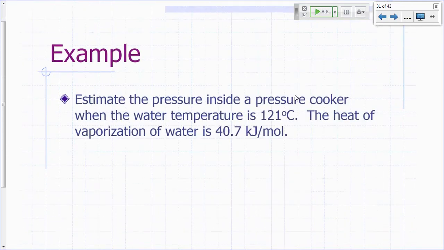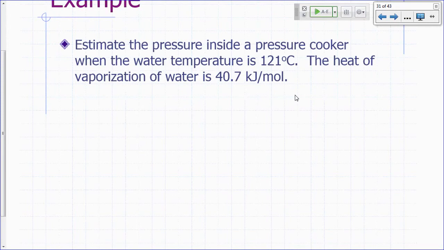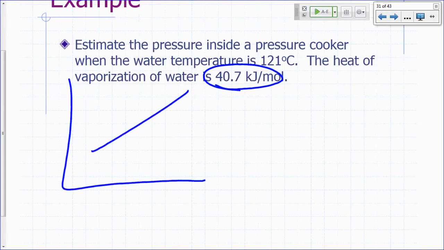Okay, so here's an example. Estimate the pressure inside a pressure cooker when the water temperature is 121 degrees. Delta H vaporization of water is 40.7 kilojoules per mole. So you use the Clausius-Clapeyron equation here. You're looking at this point right here.